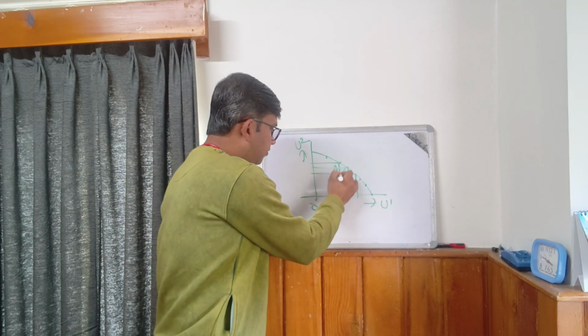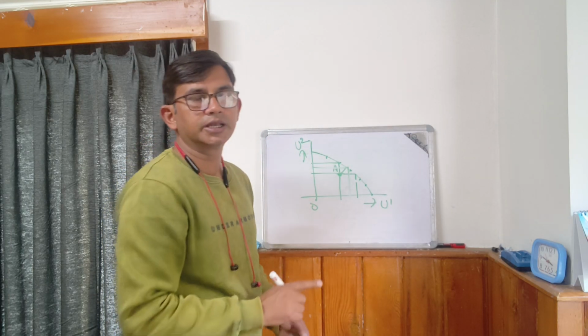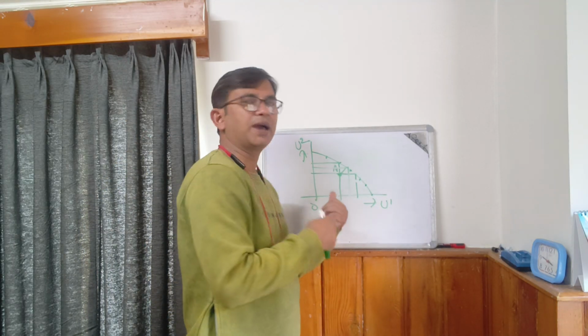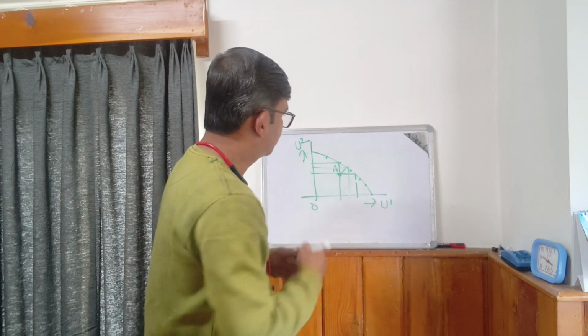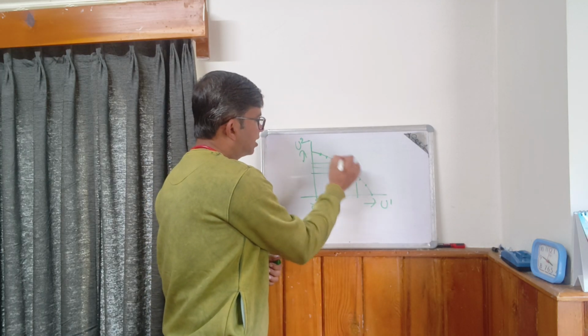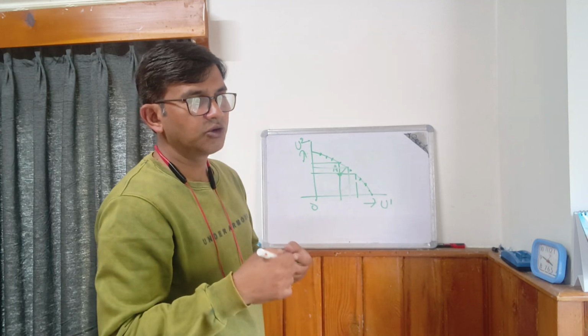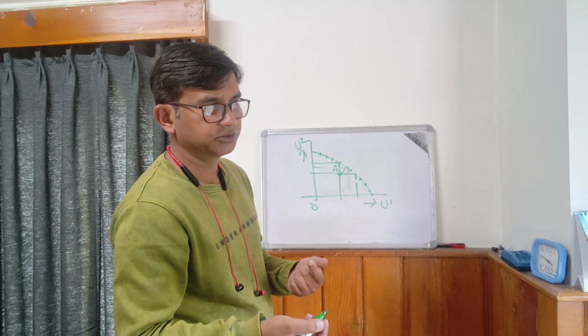So A does not indicate Pareto efficiency. Rather, from A, Pareto improvement is possible. But once we reach this curve, there is no further Pareto improvement possible.